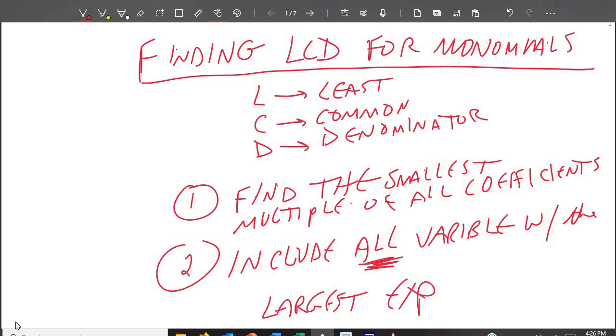It's probably going to be even bigger than that, but we want that they all divide into. Then, if there's any variables anywhere, you're going to include all the variables with the largest exponent. So it's different than GCF.